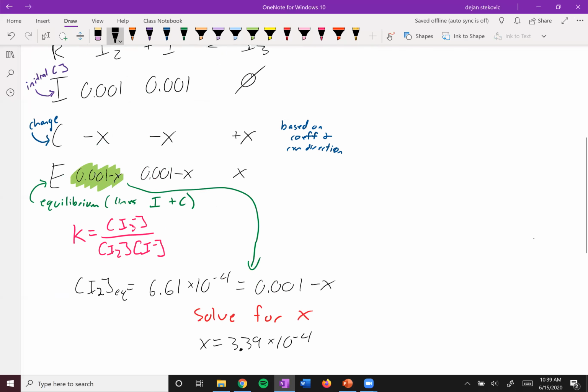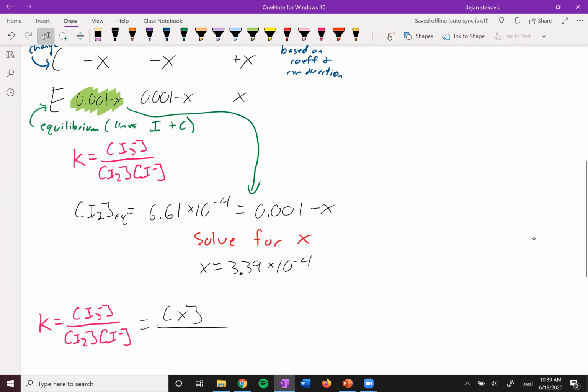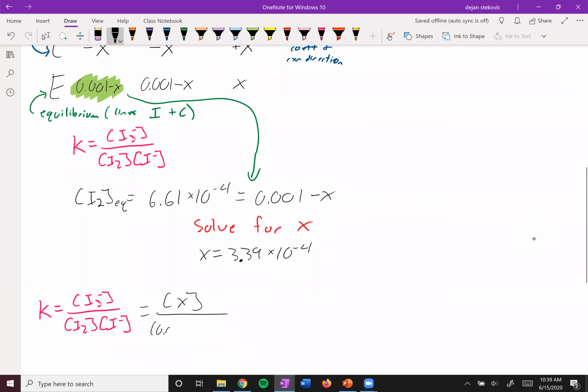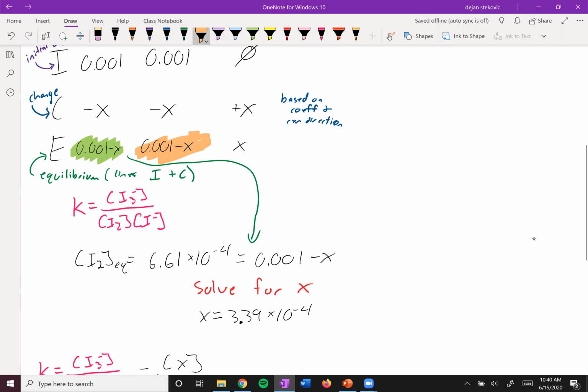We know the concentration of I2 at equilibrium is just going to be equal to 0.001 minus x. And then we also know that the concentration of I minus is equal to 0.001 minus x.